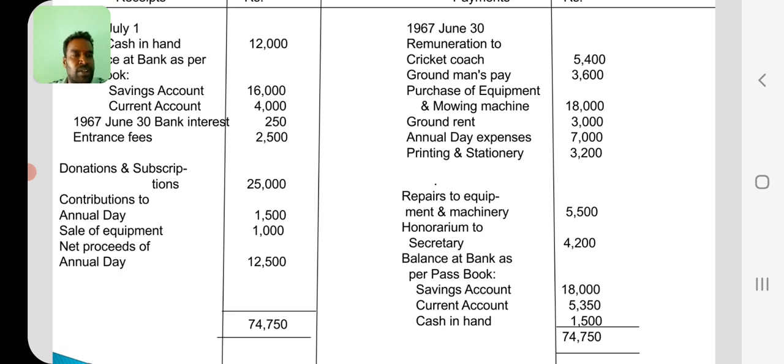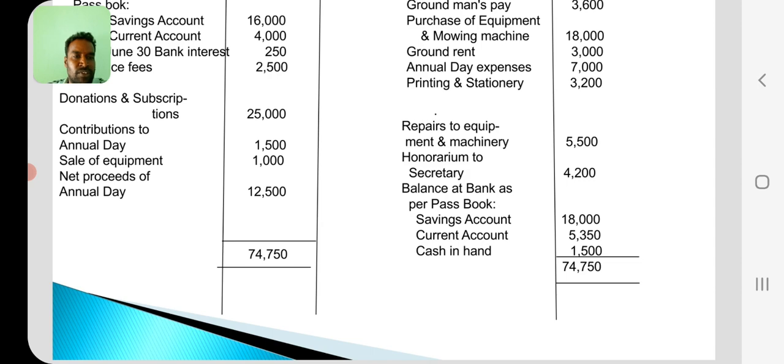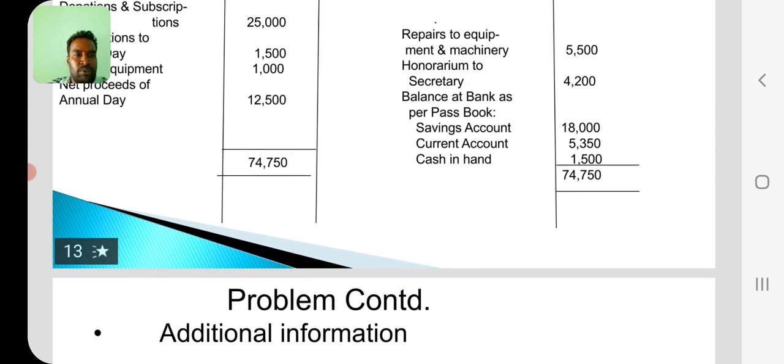Printing and stationery 3,200. Repairs to equipment and machinery. Capital item is posted in the balance sheet. Honorarium to secretary is a revenue item posted in the income and expenditure account. Bank balances, closing balances should not be recorded in the income and expenditure account.